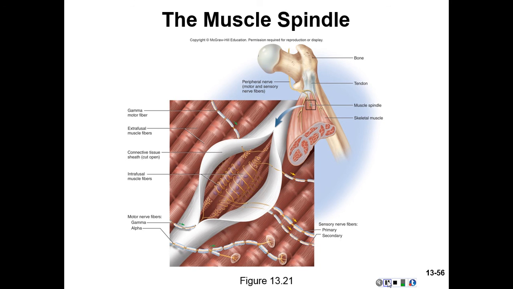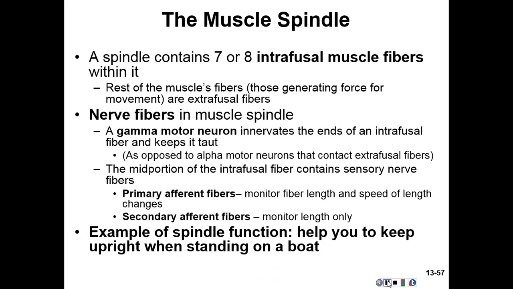So if I go to lift up an object too heavy, that sends an impulse to my muscles, to my tendon, to say this is too much of a load, you need to drop it, or else you can cause an avulsion fracture or the rupture of the tendon away from the bone.